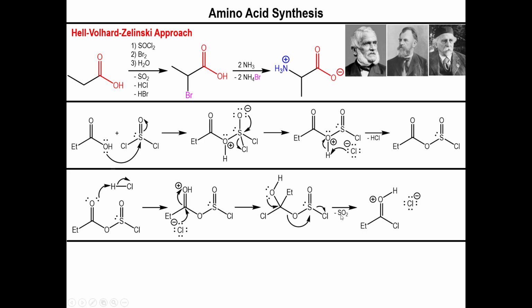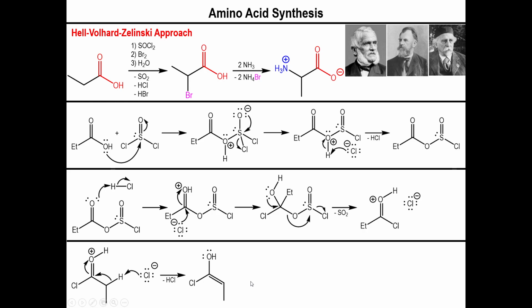So the end result is that you will produce sulfur dioxide. You will have chloride left over. You also have protonated acyl chloride. The proton can be dealt with by directly deprotonating that OH bond, or alternatively, you can deprotonate the alpha position, which will move this set of electrons onto the carbonyl carbon, and then the electrons of that pi bond will move over to the oxygen to form the enol derivative.